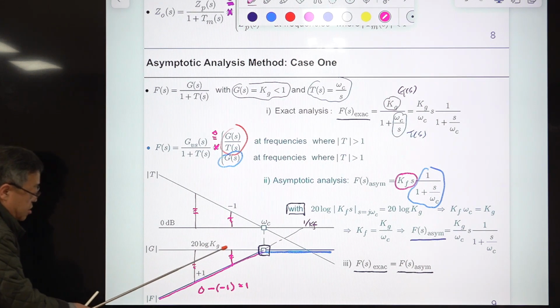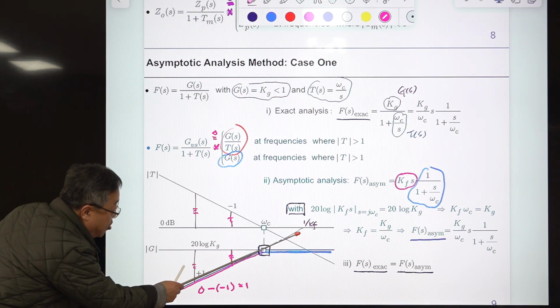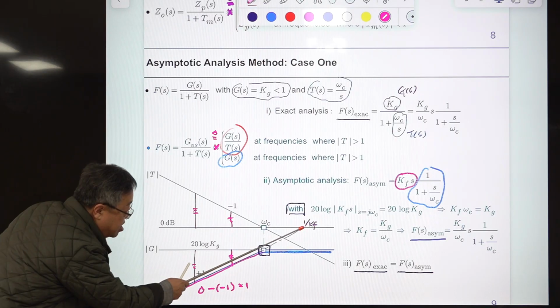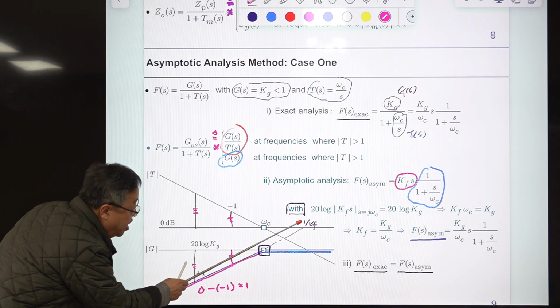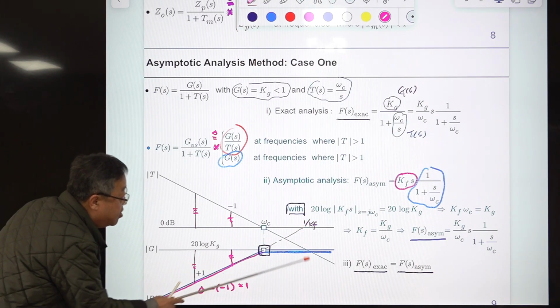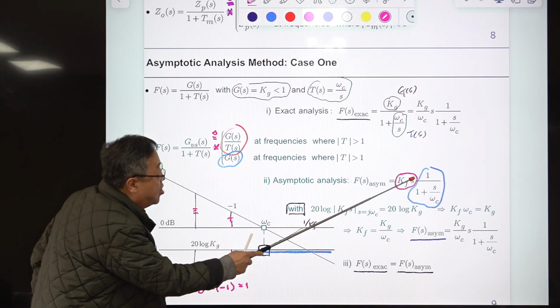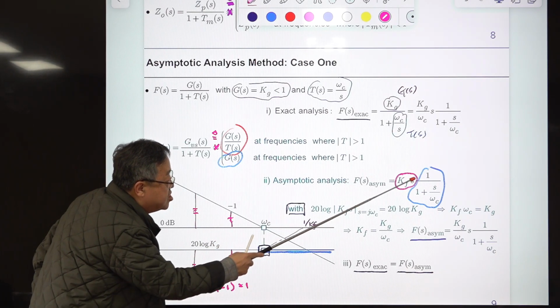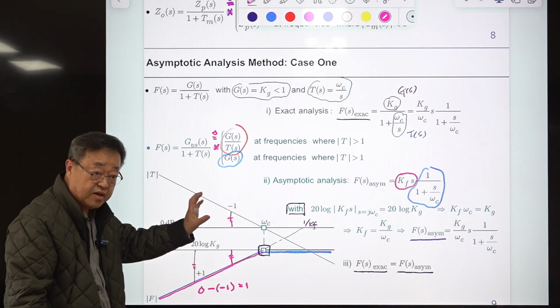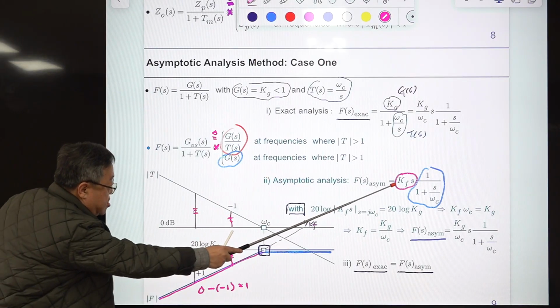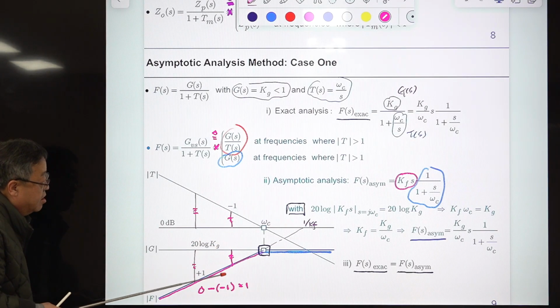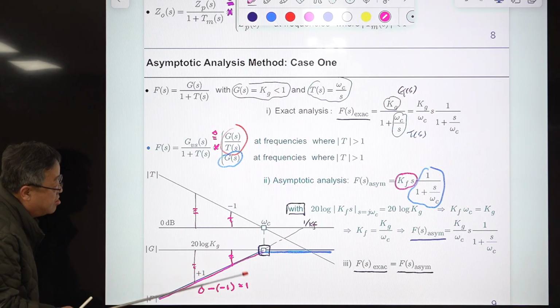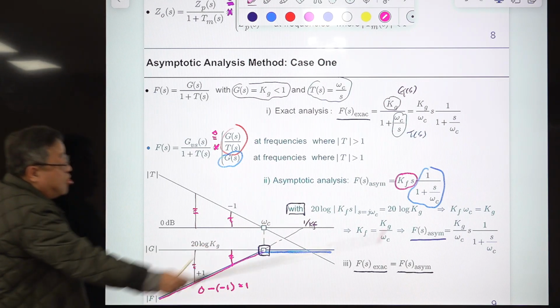But you know this, you extend this line segment, then it crosses this 0 dB line at this frequency, 1 over KF. Because if you put 1 over KF here, it becomes 1, which is 0 dB, right? So this graphical part is converted into this equation part.